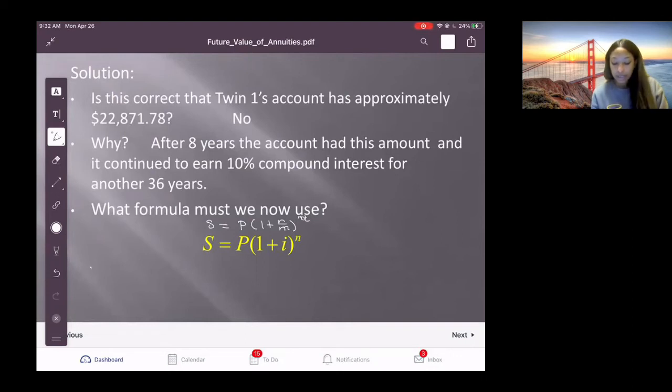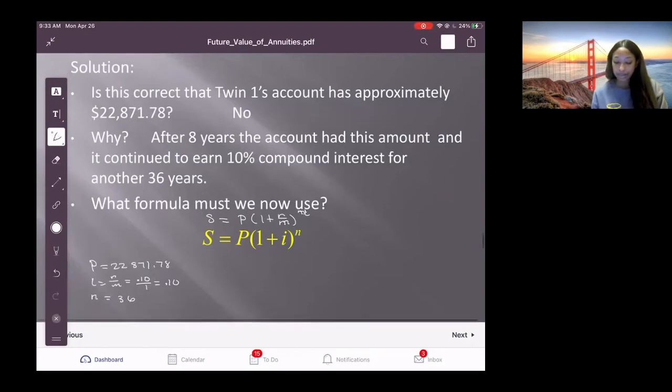And in this case, P is going to be the $22,871.78. i would be the same as r over m, which is 0.10 over 1, or 0.10. And then n is going to be 36. Let's plug that in.